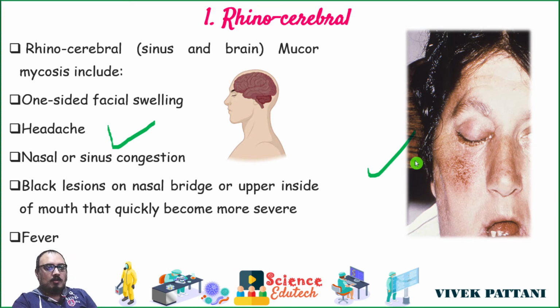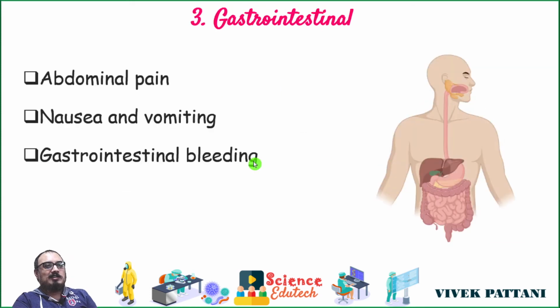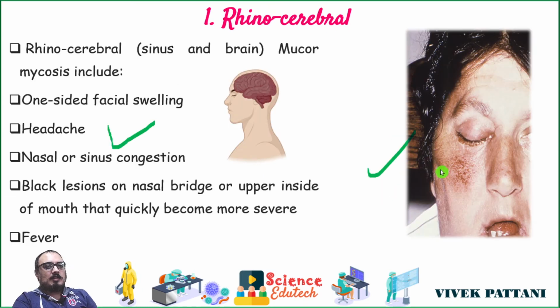This leads to septic necrosis and infarction of tissues of the nasopharynx as well as the orbit, and sometimes to cellulitis. What is cellulitis? Orbital cellulitis is an inflammation around the eye tissues, and you can see the inflammation here.